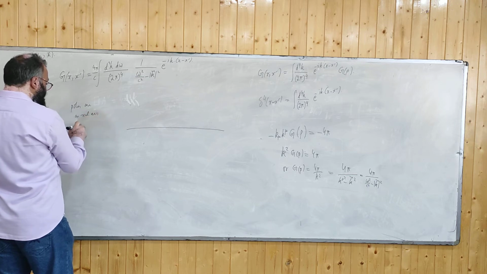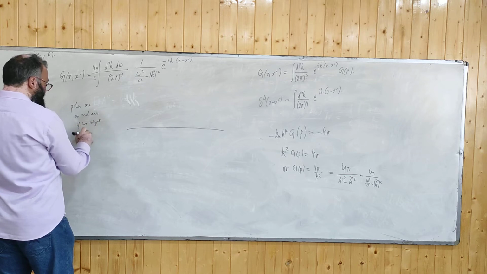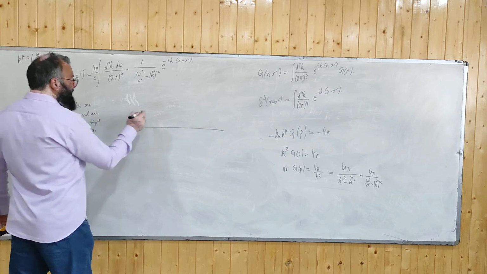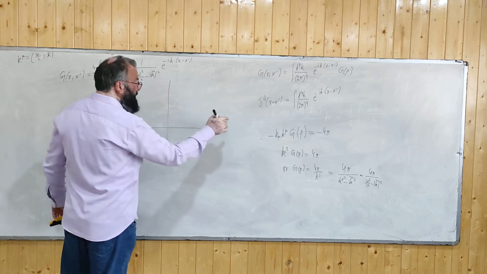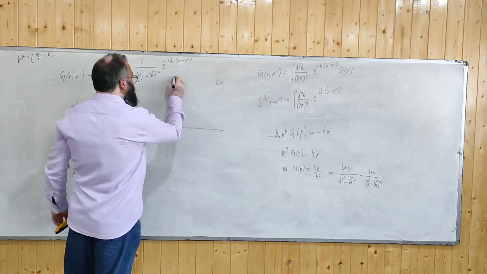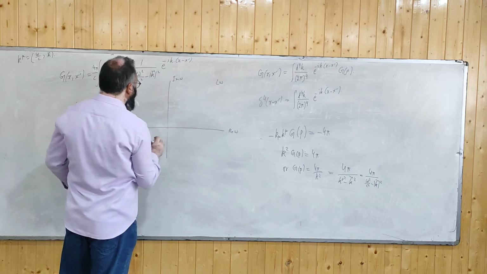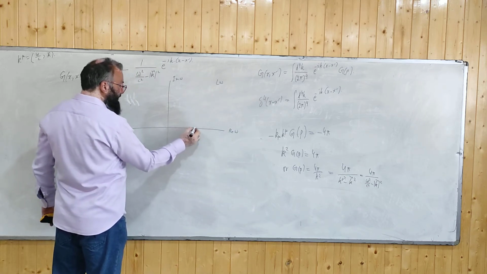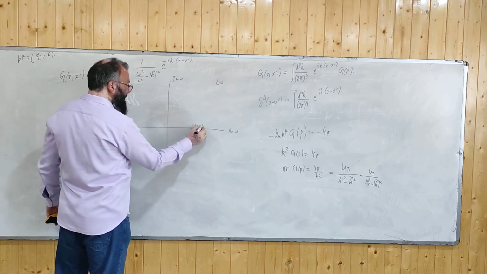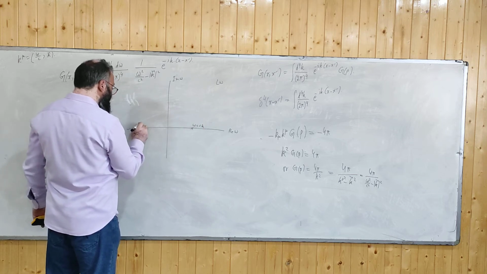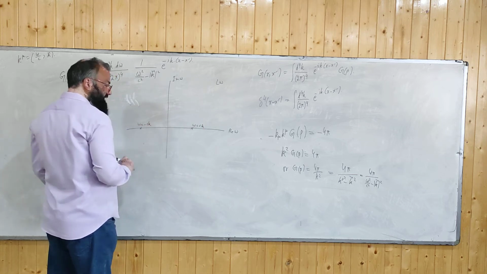If we integrate over omega, let's say this is the omega plane, this is imaginary of omega and this is real of omega. Where are the poles? One pole is here, omega equal to ck, and another pole is here, omega equal to minus ck. Is that true?